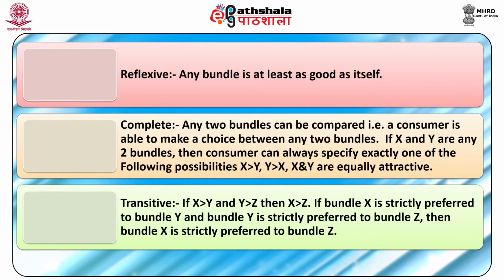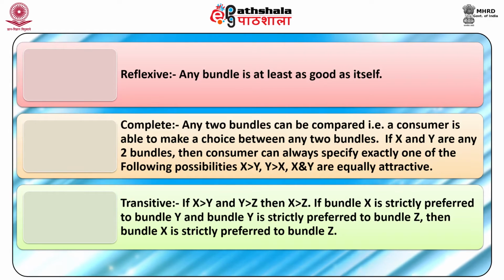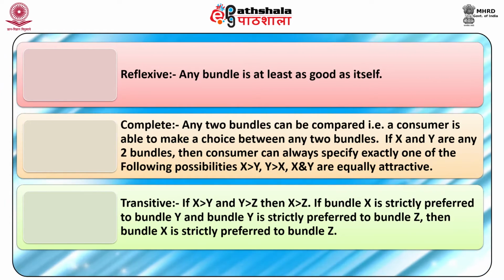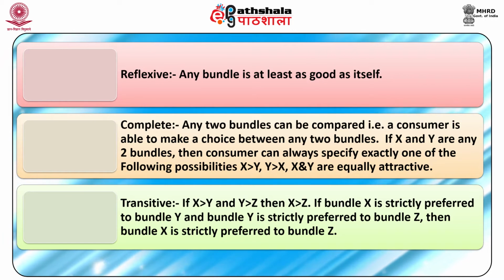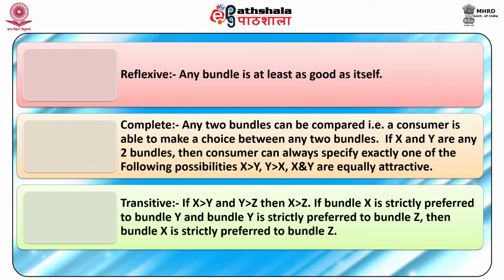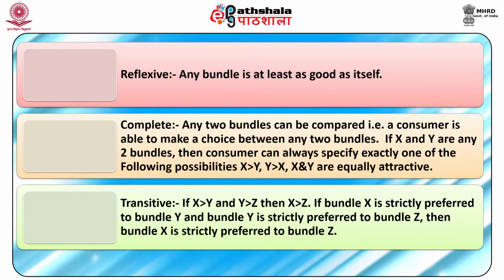Any two bundles can be compared, that is, a consumer is able to make a choice between any two bundles. If X and Y are any two bundles, then the consumer can always specify exactly one of the following possibilities: X is greater than Y, Y is greater than X, or X and Y are equally attractive.